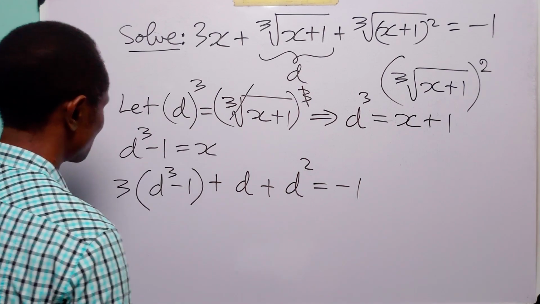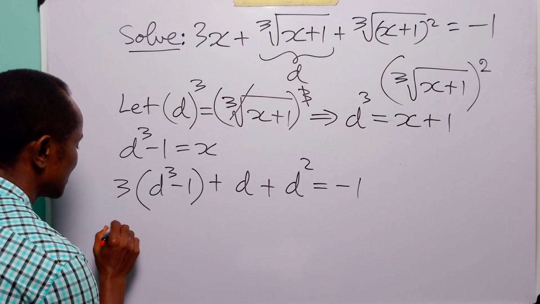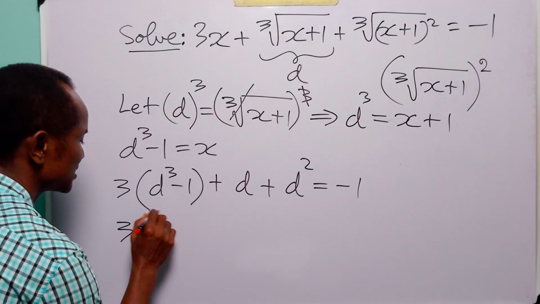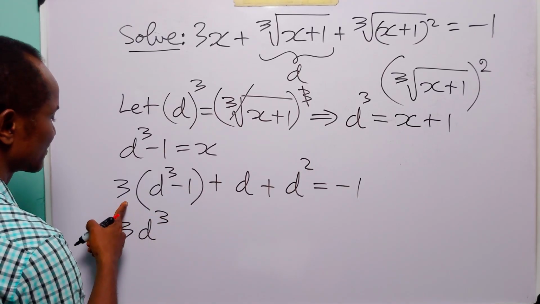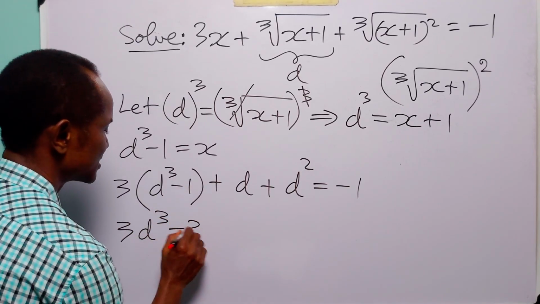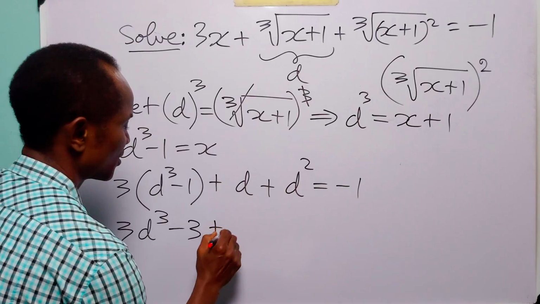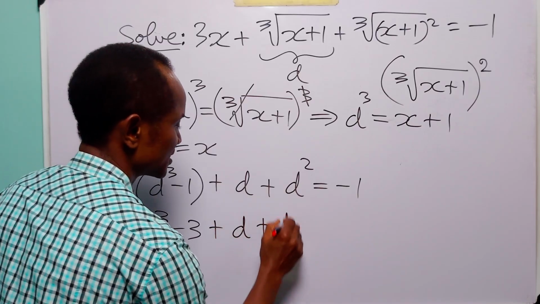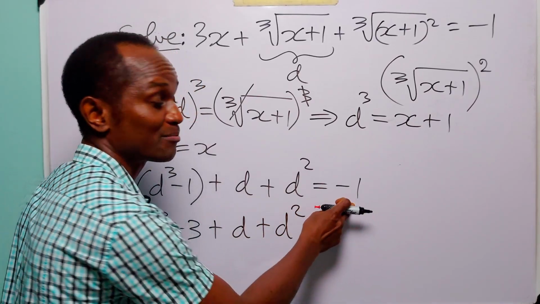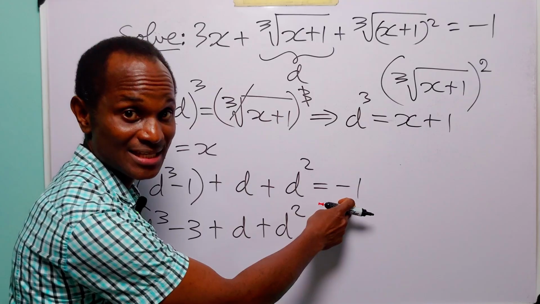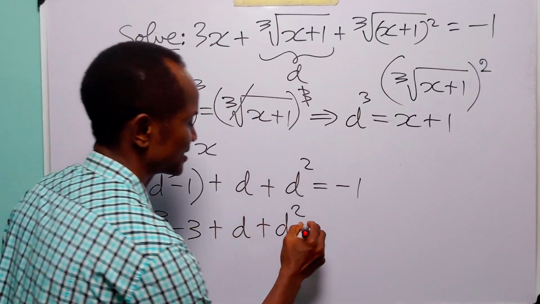Now let us open this bracket. We have 3 times d cubed, which is 3d cubed, 3 times minus 1, which is minus 3, plus d squared. And let us bring minus 1 over from the right hand side to the left hand side.